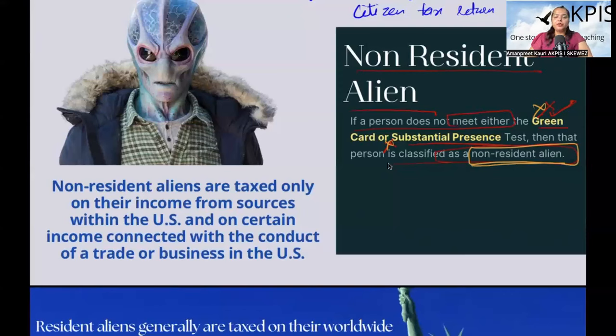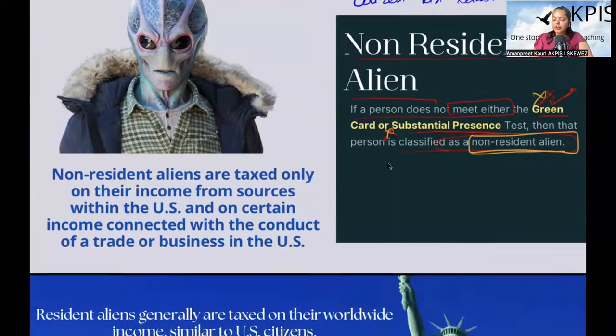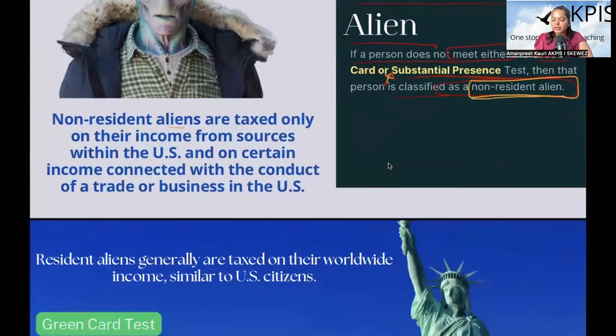You are making categories of US citizens, resident aliens and non-resident aliens. Why so? Because the non-resident aliens are not taxed on their worldwide income. They are supposed to be taxed only on income sourced within the US and on certain income connected with their business in the United States of America.